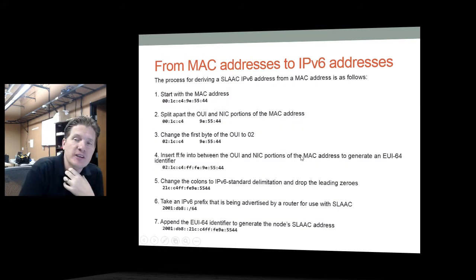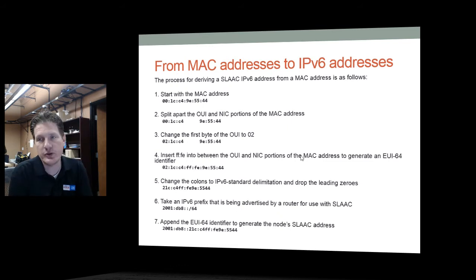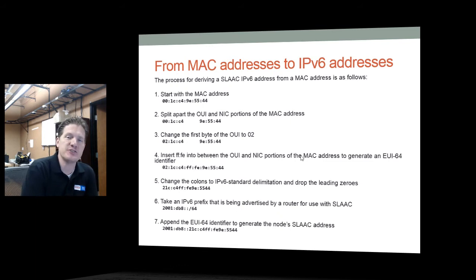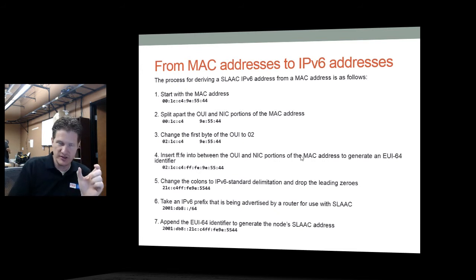So how do you actually get from a MAC to an EUI64 to an IPv6 address? Let's go through this because it's rather complicated. First, you start with your MAC address. Then you take the MAC and you split it into the OUI portion, which is the company assigned portion, and the NIC portion.